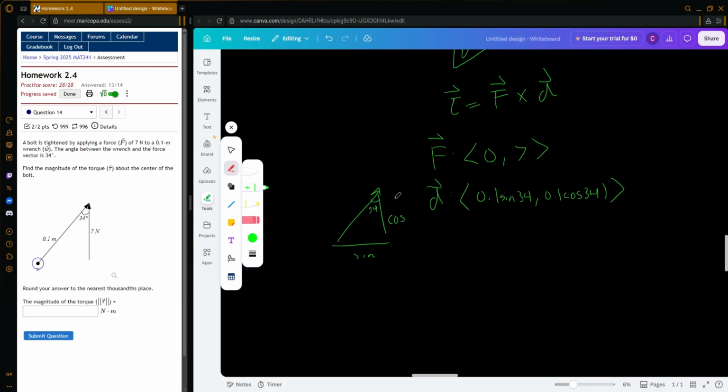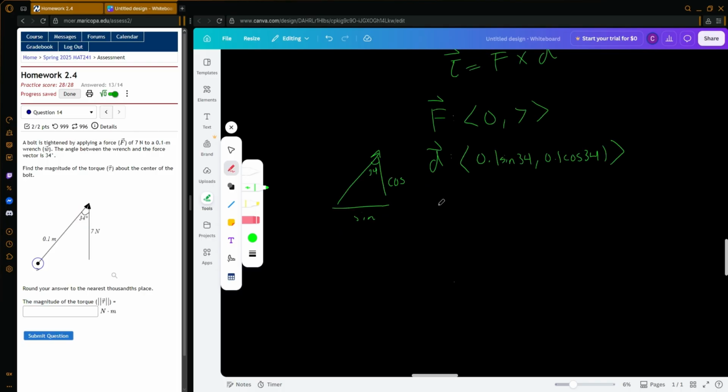Okay, wait. There's another formula you can think about for the distance here. You want to do the cross product, but you're in 2D, and the cross product in 2D is kind of annoying because you've got to throw in some invisible zeros for the z.